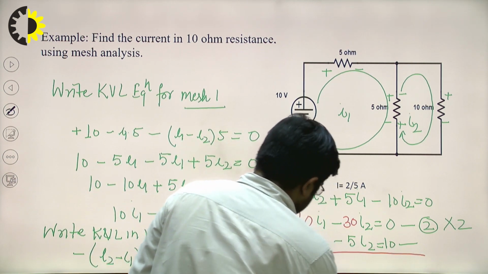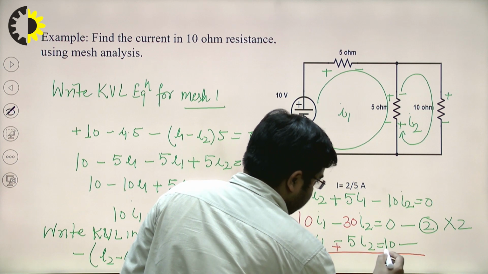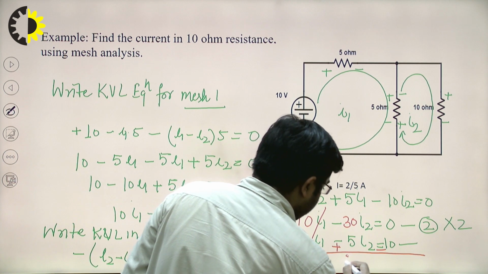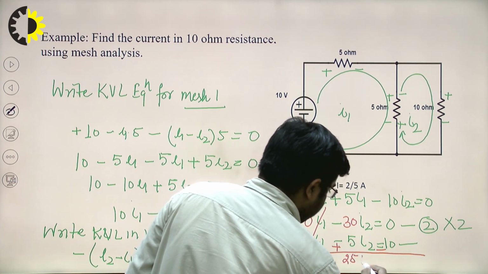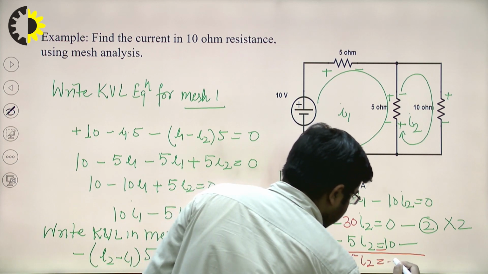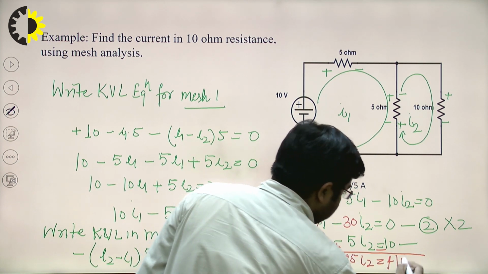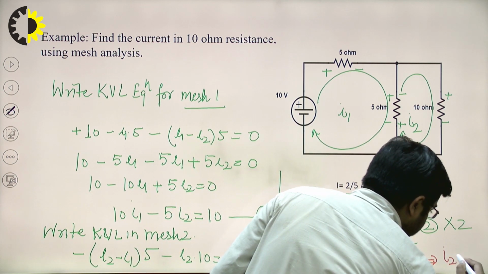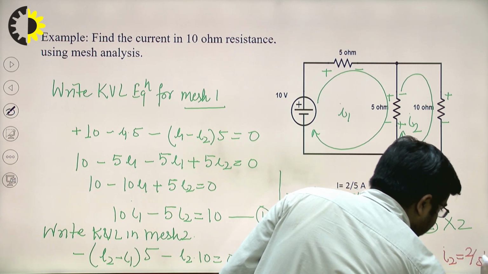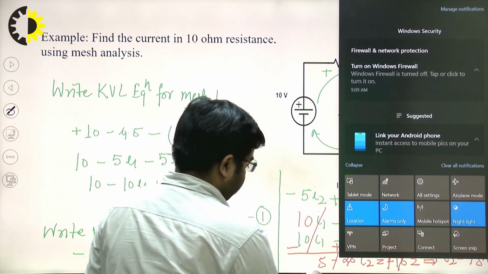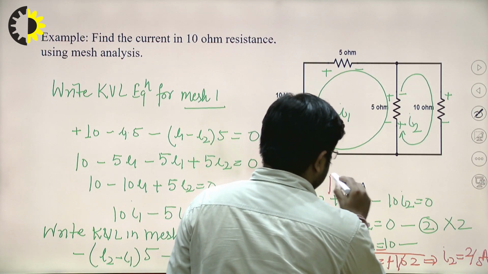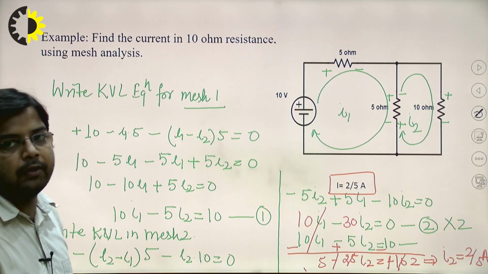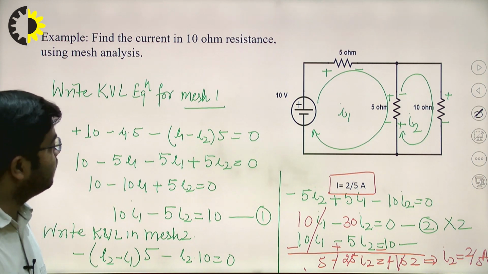So here you can see minus plus minus, so this will cancel out. So here you will get 25 I2, that is equal to minus 10, so this will be 2 and this will be 5. So from here you will get I2. So this I2 is equal to 2 by 5 ampere. So here you can see I is the current through the 10 ohm resistance. So this way you can find it out by using mesh analysis.